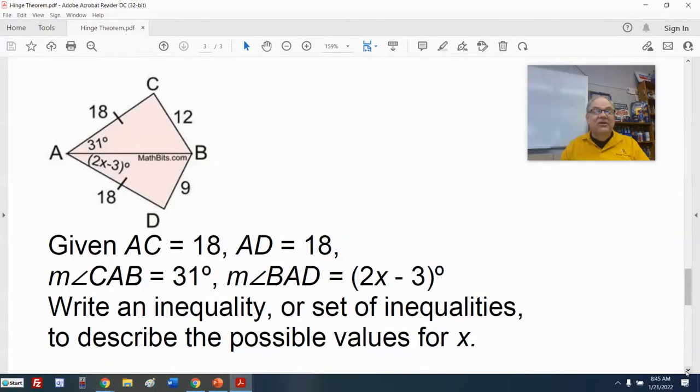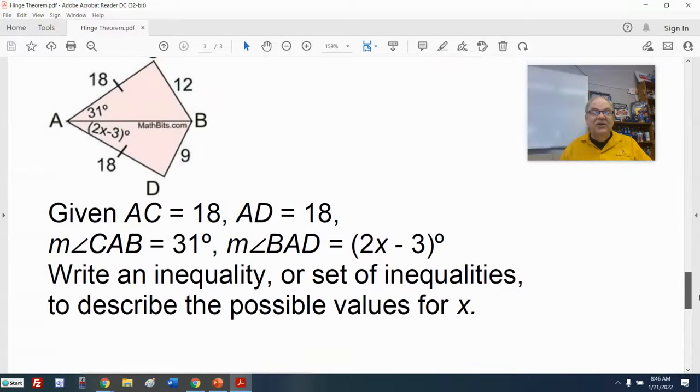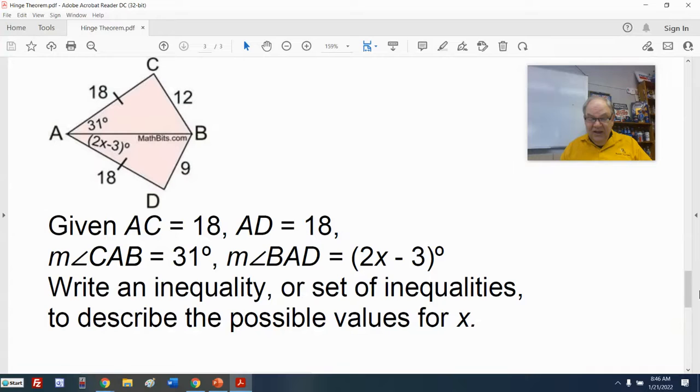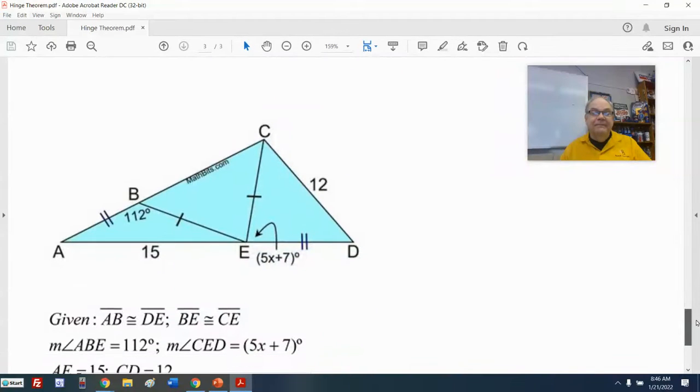So what I would write here is that 2x minus 3, the first angle, has to be less than 31. So the bottom angle has to be less than 31. 2x minus 3 is less than 31. If you solve that, you'd get that 2x is less than 34, or x is less than 17. And that is what you would end up putting for this problem. You could actually just leave it at the first part, or you could solve it and say x is less than 17.